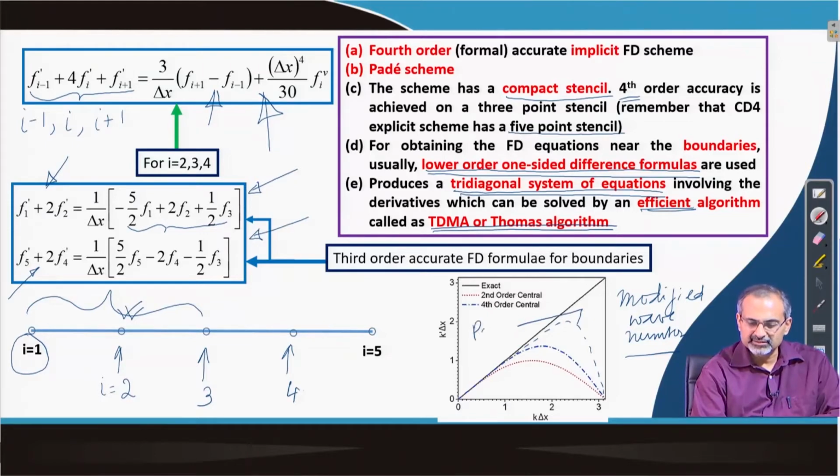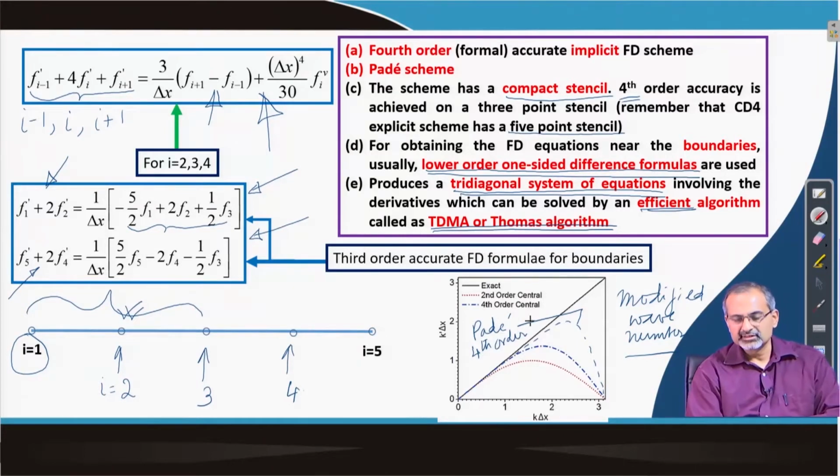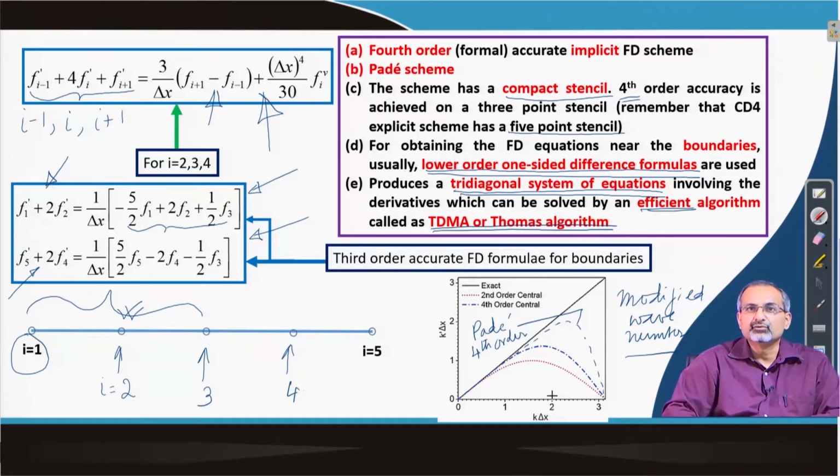So, we call this as Pade fourth order scheme, which displays more superior characteristics than the CD4, which comes from the explicit formulation. So, this is a very interesting point of implicit schemes, that with the same formal accuracy it is exhibiting a superior accuracy from the modified wave number perspective.